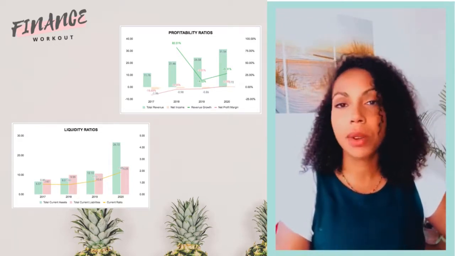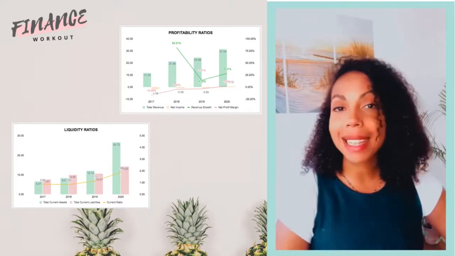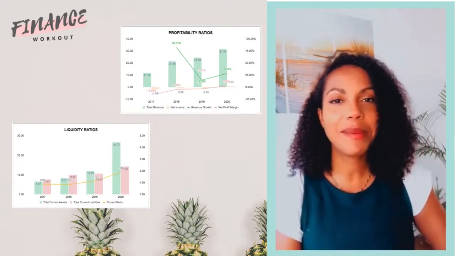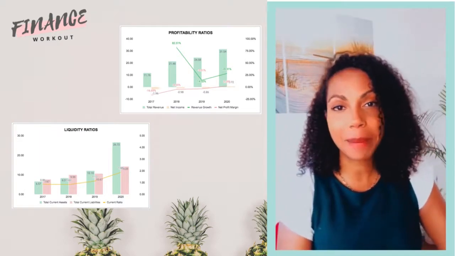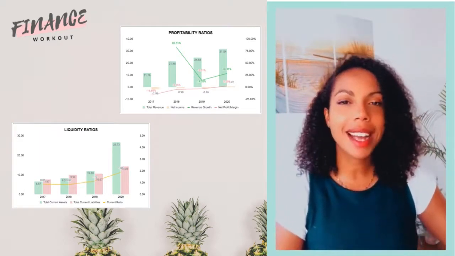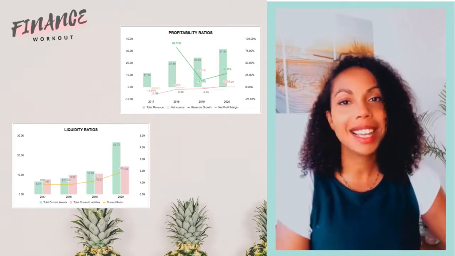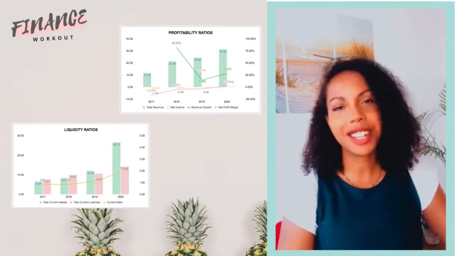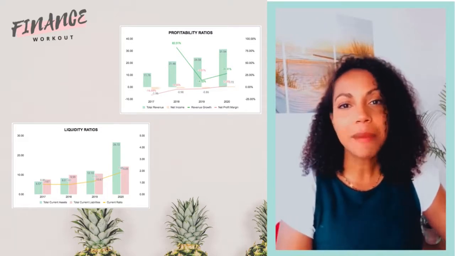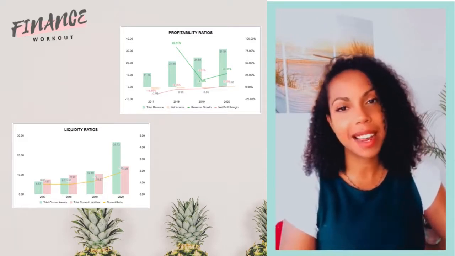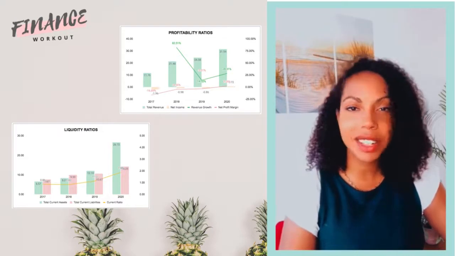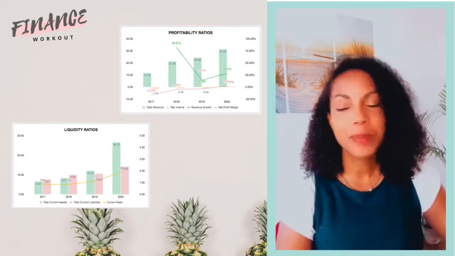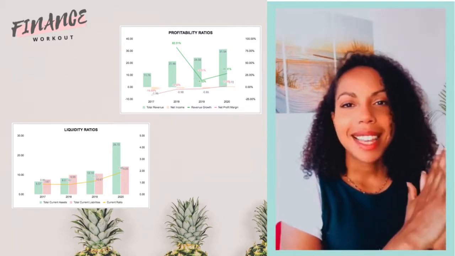If you want to invest in the stock market and look at companies' financial health, it will also be quite useful. And in general, if you're looking for financial education and better literacy in finance, this will be very helpful. So let's get to it.